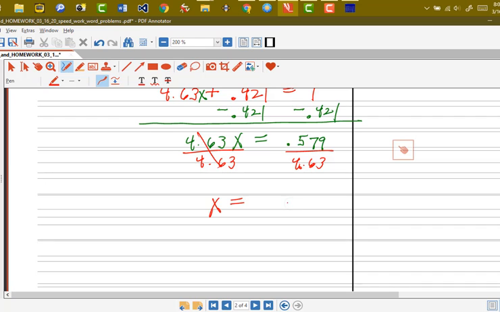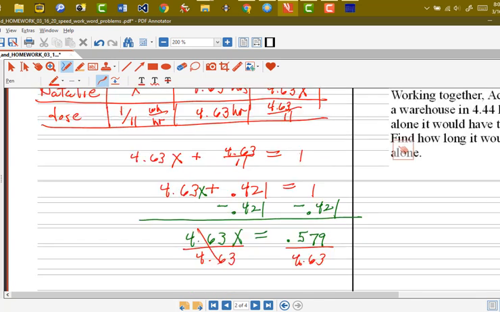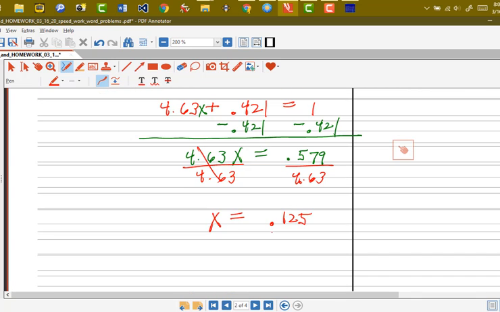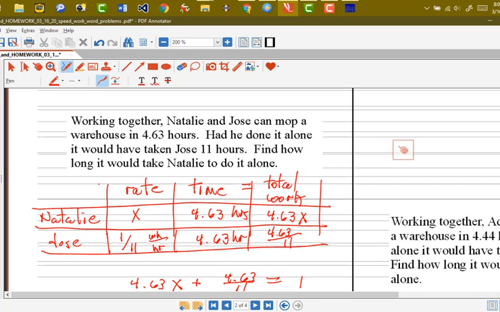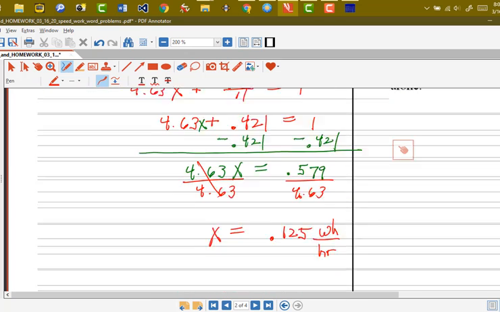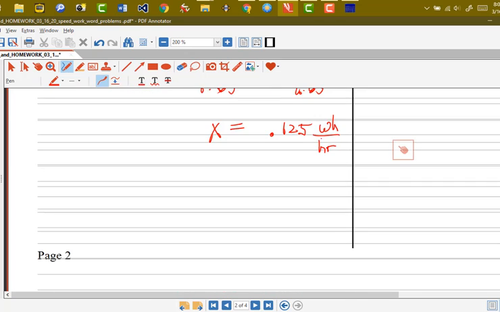So that's 0.125. Okay, and what is that? That's Natalie's rate. So she's doing 0.125 warehouses per hour. Okay, so the question is, how long would it take Natalie to do it alone?